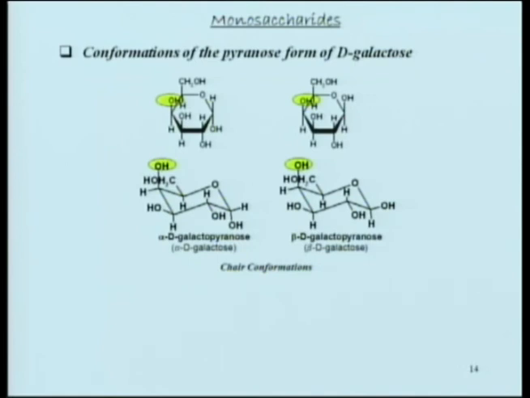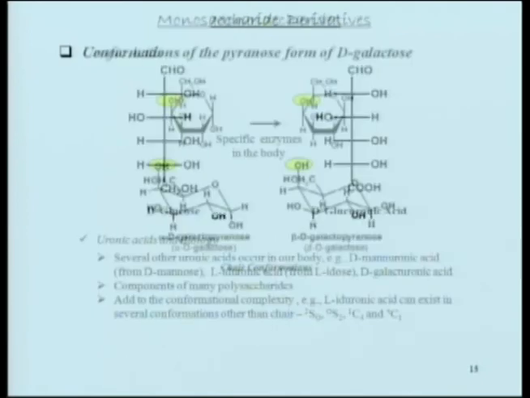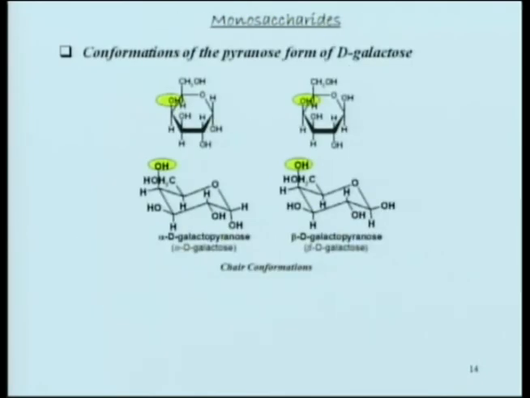So galactose, for example. Galactose and glucose primarily differ in the 4 position, as we have seen. So glucose, for example, has an OH here.